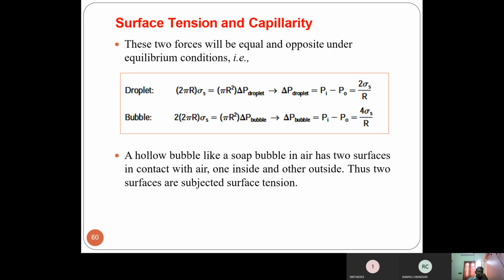The relationship between pressure difference, surface tension and diameter for a droplet is 4 sigma by d. Remember it for problems. We will come back to this slide. Okay, for the bubble, once again, go back to this.